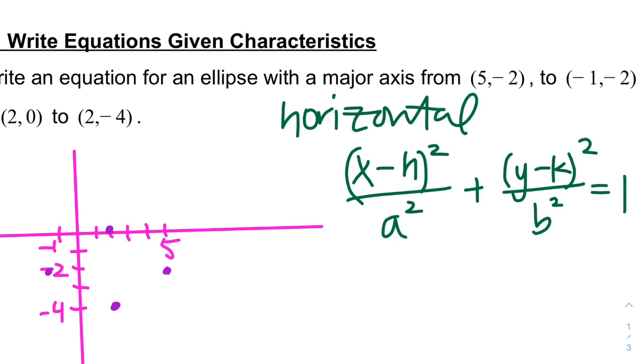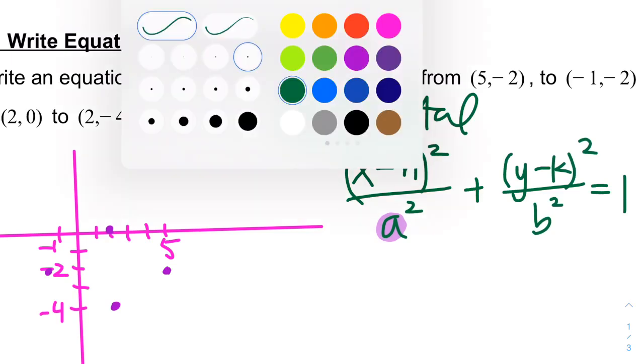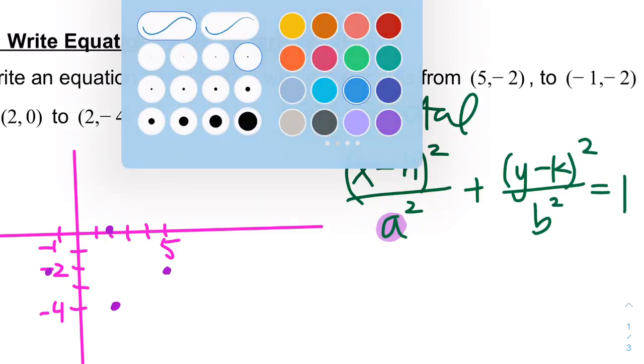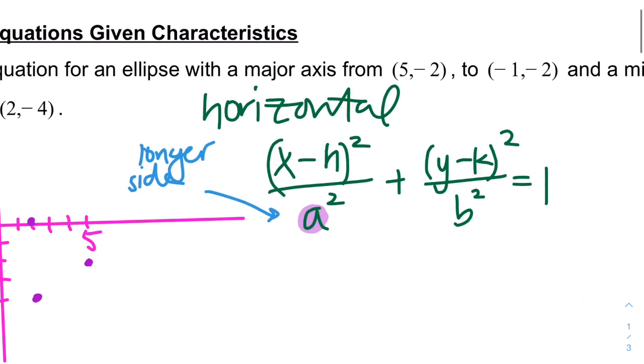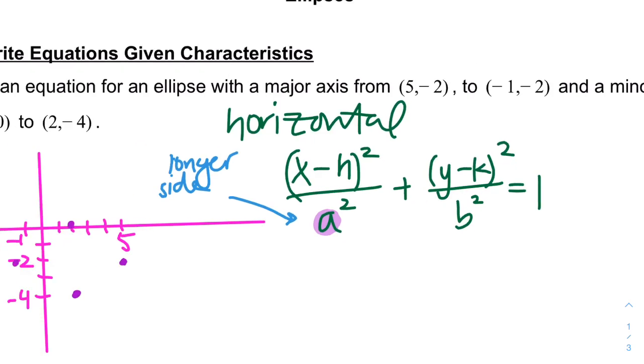So if this is a horizontal ellipse, that means that this is going to be my bigger side. And since it is my bigger side, that means it is along my major axis. Bigger side, longer side, however you want to say it. Maybe we should say longer side. There we go. And so then that means that b is our shorter side. So it's the side along our minor axis.